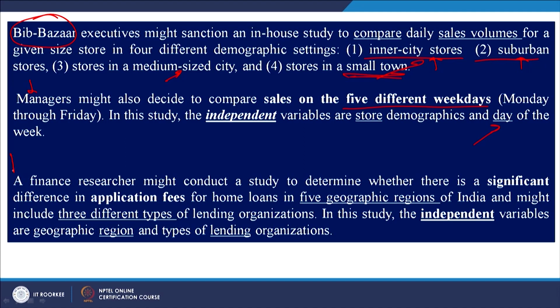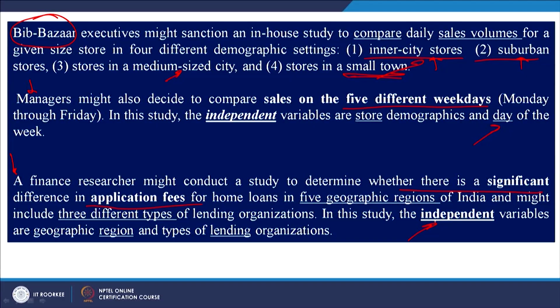Let us take one more example. A finance researcher might conduct a study to determine whether there is a significant difference in application fees for home loans. Let us say there is a company, for example HDFC Bank. It has branches in 5 different areas, and customers can apply for a loan in those 5 areas.